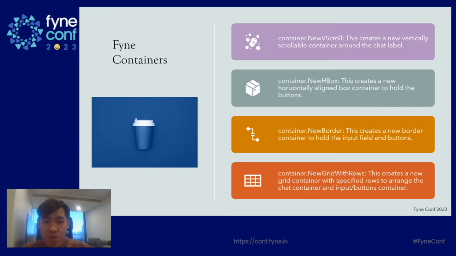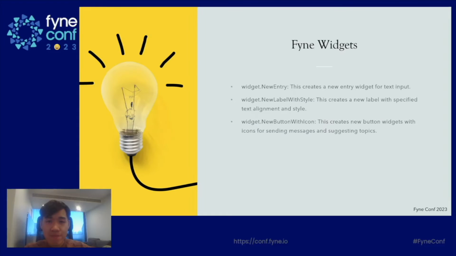We also use new border, which creates a new border container to hold the input field of the chat itself and the buttons related to what we're going to perform later in the demo. And also new grid with rows, which creates a new grid container with specified rows to arrange the chat container and the input buttons container.